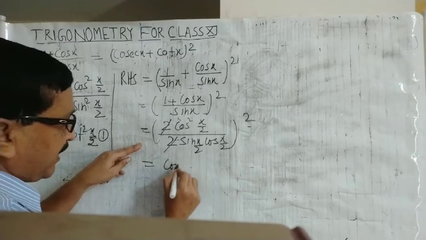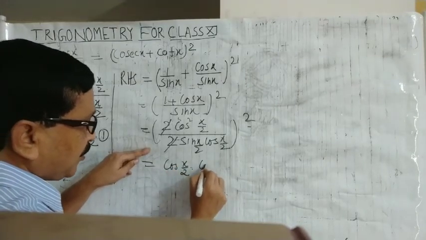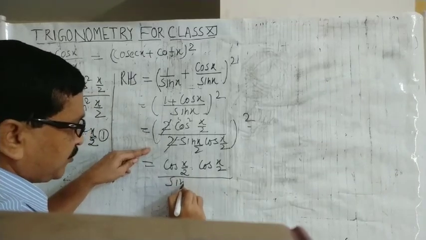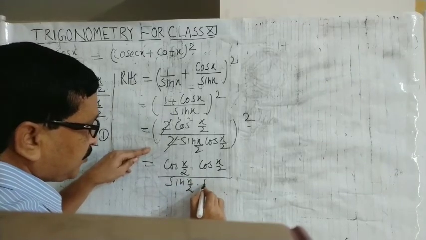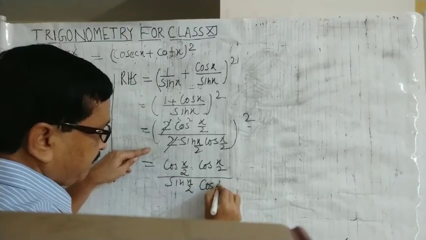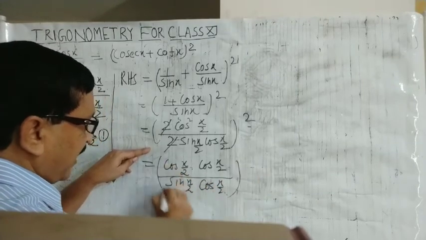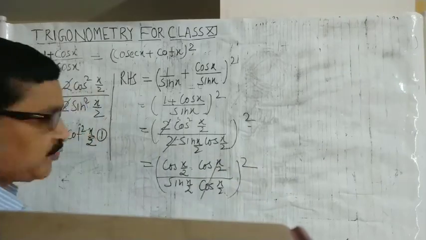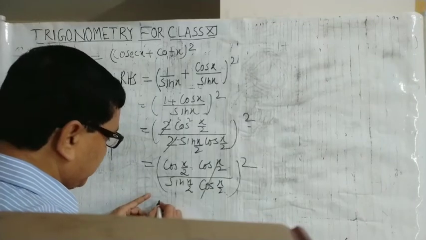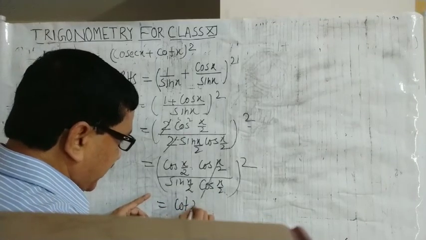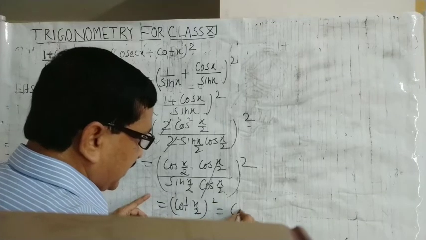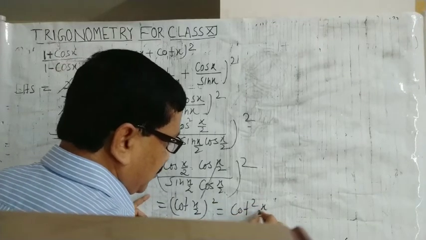This is cos x by 2 into cos x by 2 by sin x by 2 into sin x by cos x by 2 whole square. One cos x by 2 cancelled, and cos x by 2 by sin x by 2 is equal to cot x by 2. So cot x by 2 whole square.